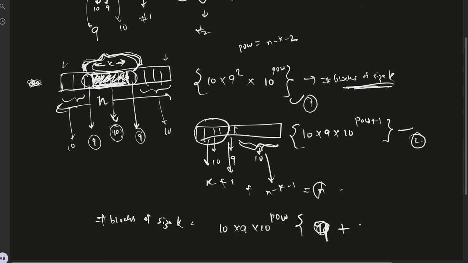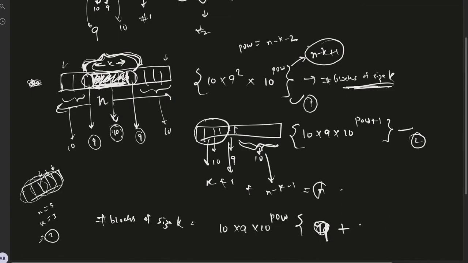Now we need to consider n minus k such windows. If n was 5 and k was 3, we would have had to consider 3 such windows. So n is equal to 5, k is equal to 3, we need to consider 3 such windows. So we need to consider n minus k plus 1 such windows.